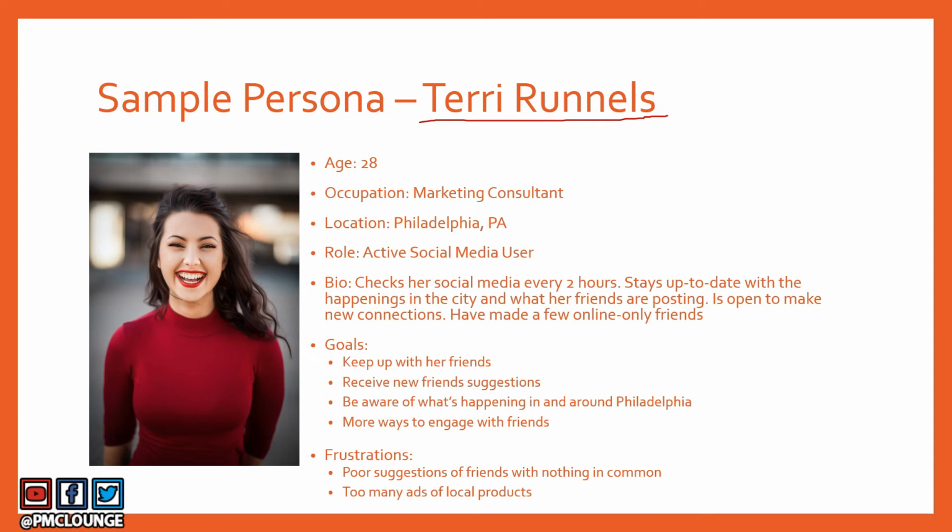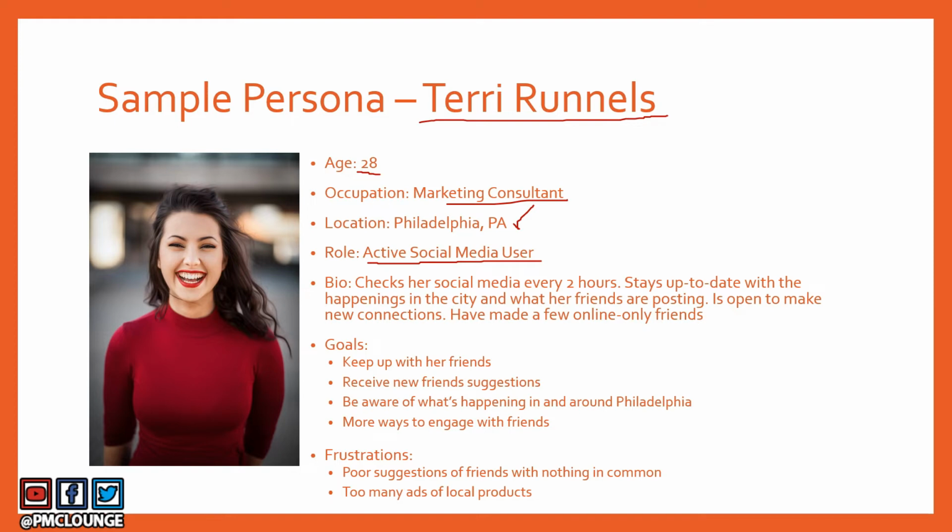Now, this is the profile that you have created for Terry Reynolds. The user is 28 years old. The user is a marketing consultant based in Philadelphia, Pennsylvania. The user is an active social media user. And remember, your project, what you're working on right now, is a social media website or a social media application, right?